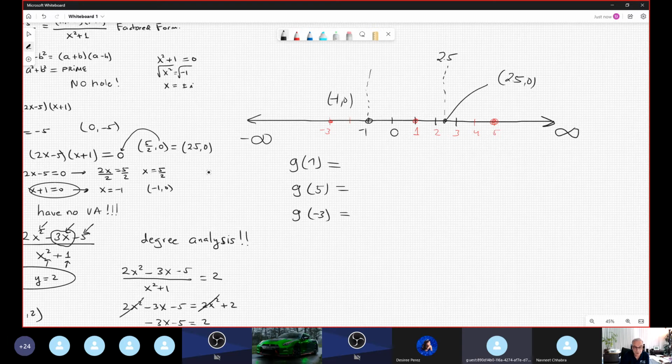Just plugging into the original using the calculator. The answer is negative 3. The answer is 1.15 positive, and the answer is 2.2. We have 3 additional points: 1, negative 3; 5, 1.15; and negative 3, 2.2.